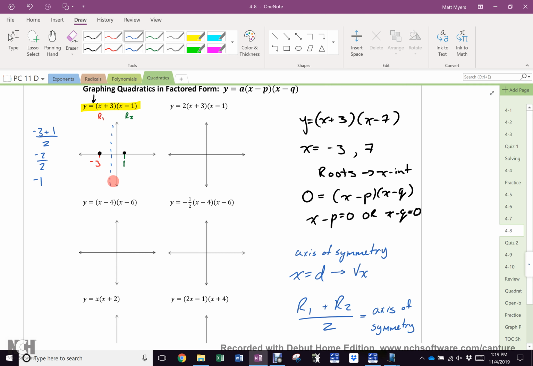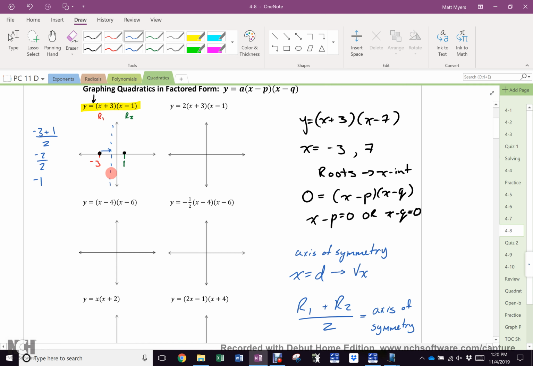Now you have two choices for where you put that vertex. One, we could count. How far away is it from negative 3 to my axis of symmetry? 2. Is there an A value? No. So, when I move 2 on the X, how far do I move on the Y? 4, because it's X squared, right?